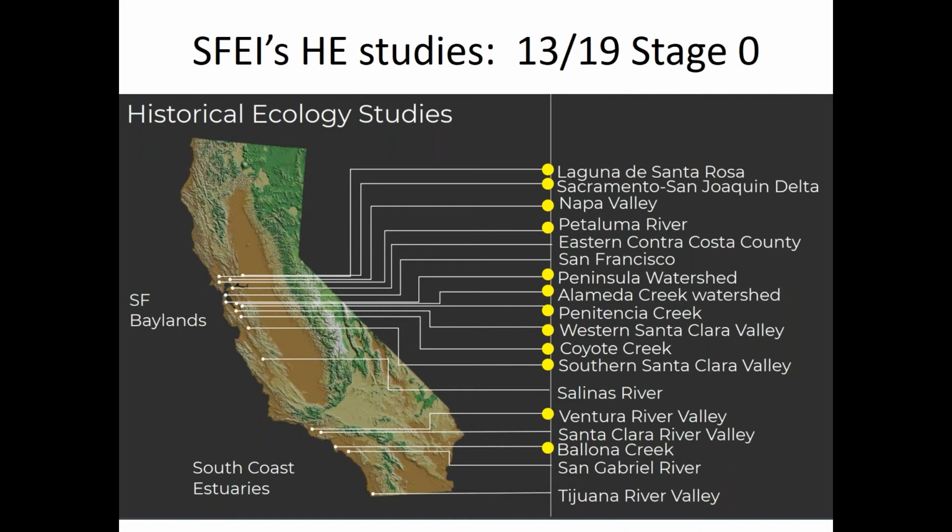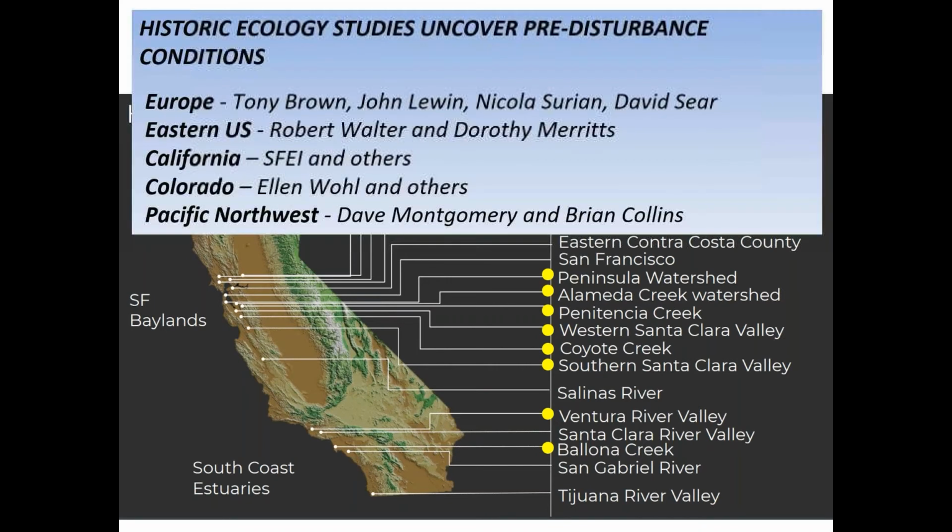So historical ecology studies are one way of doing that. And this group out of California, SFPI, has done 19 studies across this range in California, and 13 of those have evidence of stage 0 components in their valleys. And we're seeing historical ecology studies show us the same kinds of results from Europe, from the Eastern US, from Colorado and the Pacific Northwest.